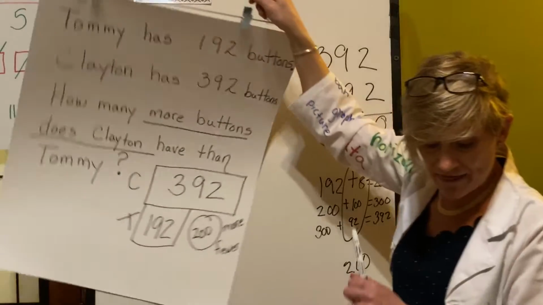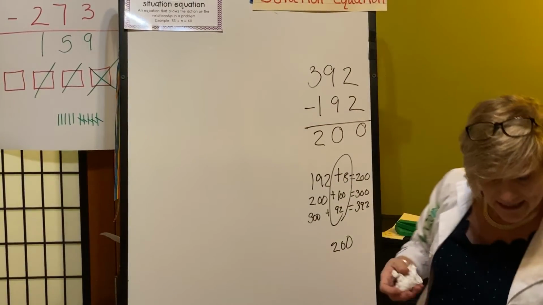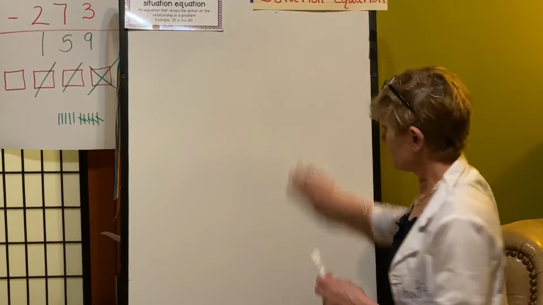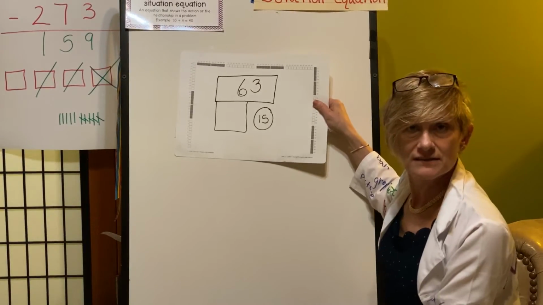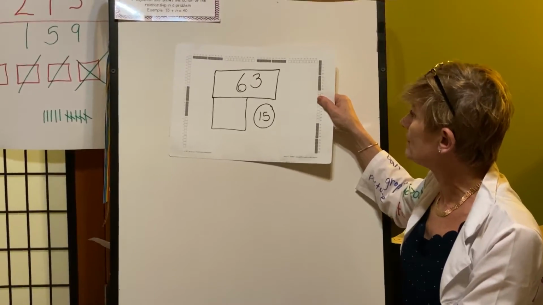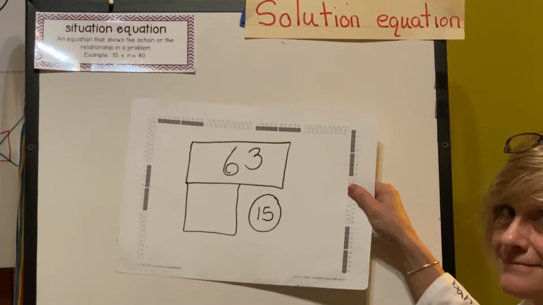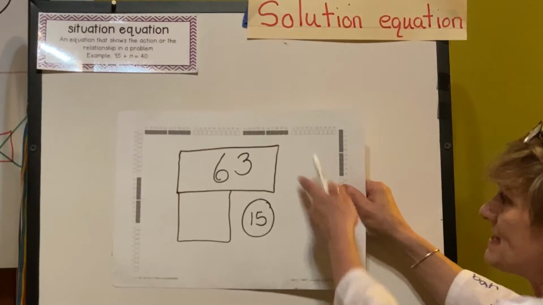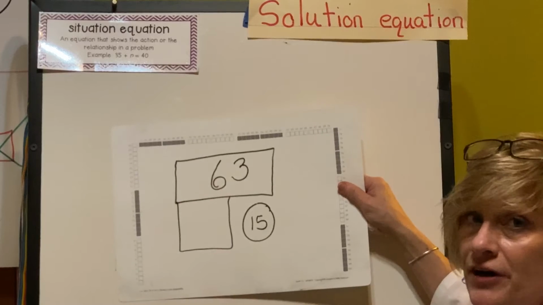Friends, let's look at this. I'm going to talk about this because this is another one. I'm going to give you a comparison bar. Here's your comparison bar. Can you make up a story problem for this? We know that 63 is like somebody's greater amount, and then this is the more or the fewer.